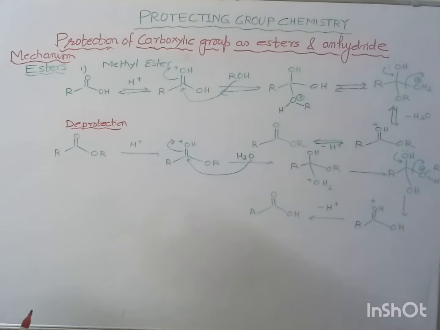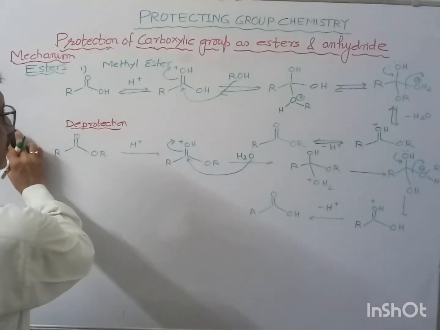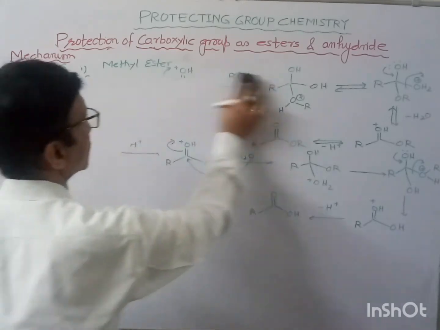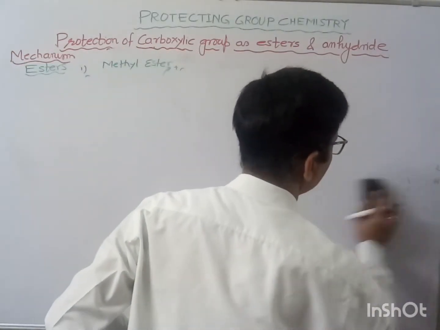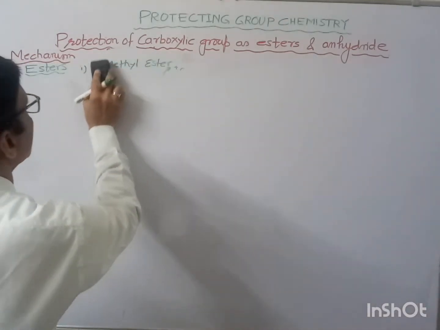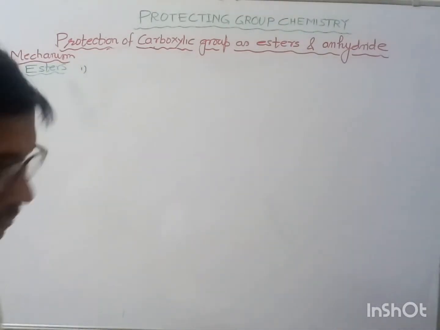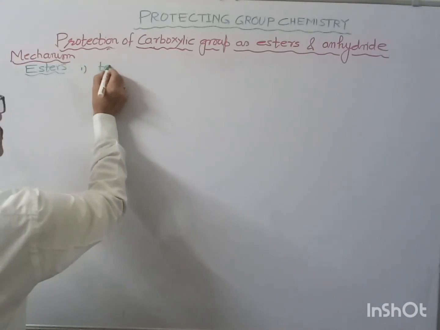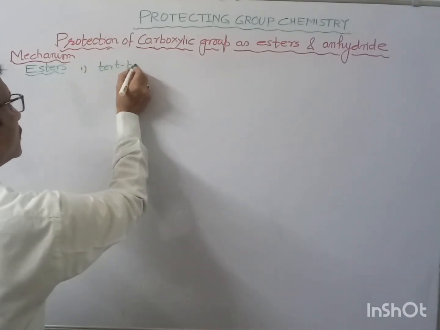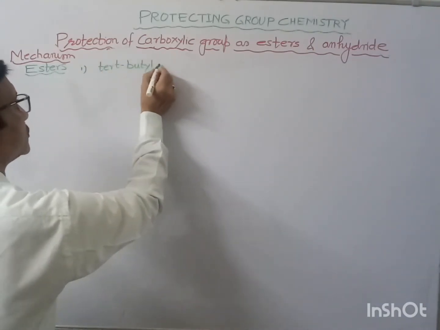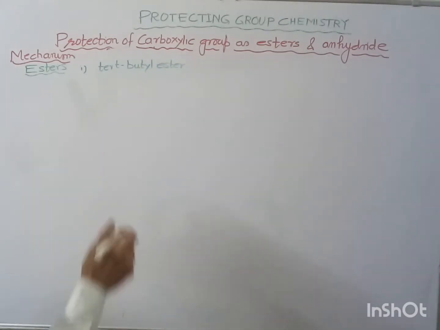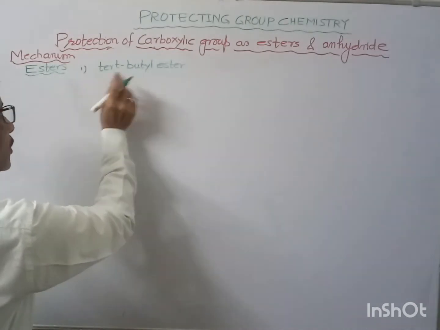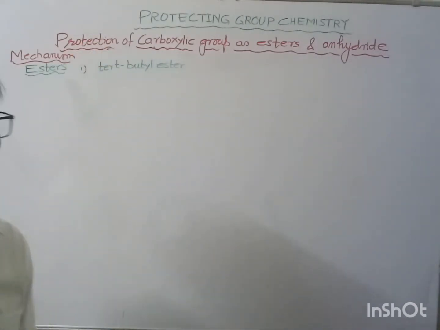Now next, let's come to the tertiary butyl ester. For this, how do we get this tertiary butyl group?